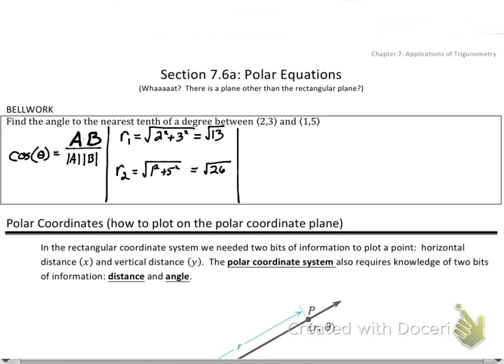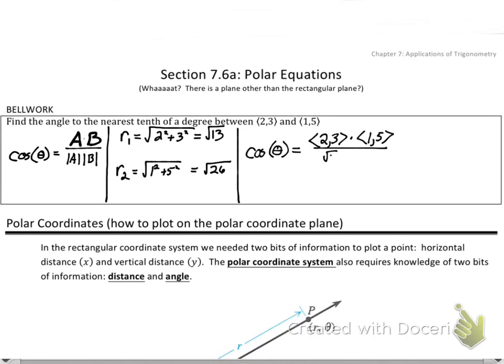On top, so let's go ahead and rewrite our things. We have cosine of theta is going to equal the dot product of our two vectors. Well, that's going to be 2, 3 dot product with 1, 5, all over our two magnitudes multiplied.